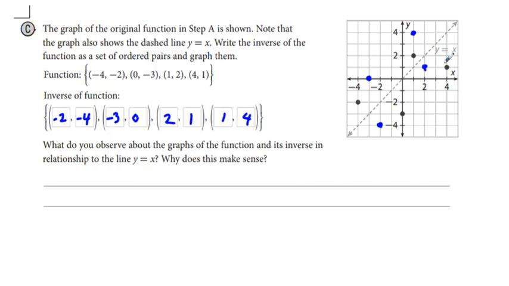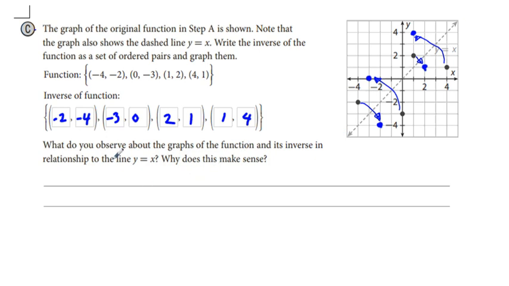This one will go over here, crossing the line y equals x. This one will come across here. This one will go over here. And finally, this last point will go down here. So we are crossing the line y equals x, and we have reflective symmetry about the line y equals x.